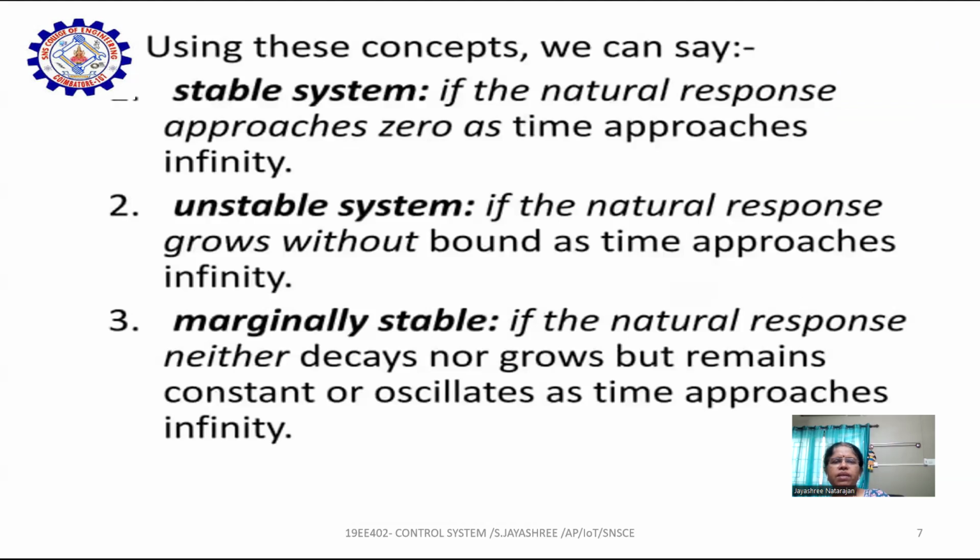Then what is a stable system? The natural response approaches zero as time approaches infinity. At infinite time, the response comes to zero. It is stable. The oscillations are diminishing. Now for an unstable system, the natural response grows without bound as time approaches infinity.